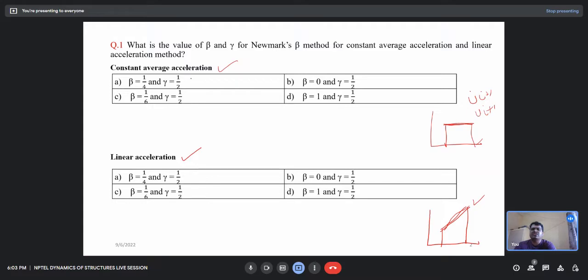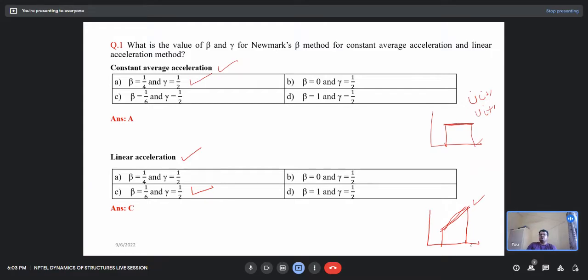For the constant average acceleration, the answer is beta 1 by 4 and gamma 1 by 2, and for the linear acceleration, beta is 1 by 6 and gamma is 1 by 2. So for the constant average acceleration the answer is A, and for the linear acceleration the answer is C.